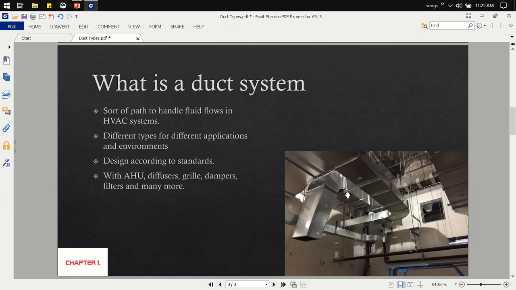Here you are seeing one such channel. There are different types of duct systems, varying with different applications and environmental conditions, and they are designed according to the standards. They are available with different elements such as air handler units, diffusers, grills, dampers, filters and many more.